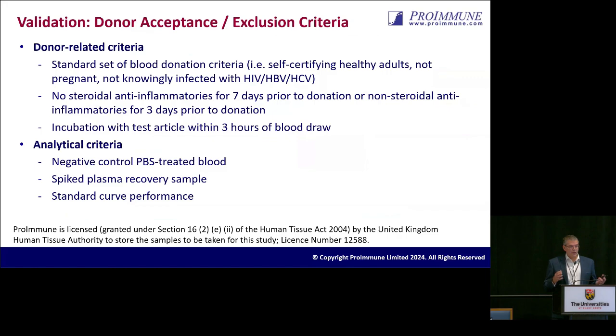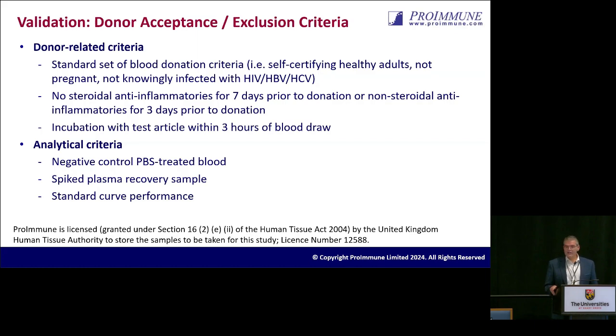So we have both donor acceptance criteria and also exclusion criteria, and these can actually be split into 2 different parts, both donor-related criteria and analytical criteria. So the donor-related criteria relates to the condition of the donors that we're using, and we're using essentially self-certifying healthy donors that are asymptomatic.